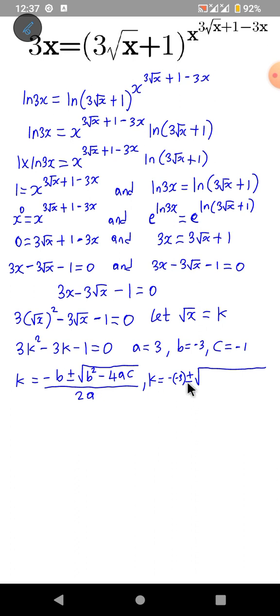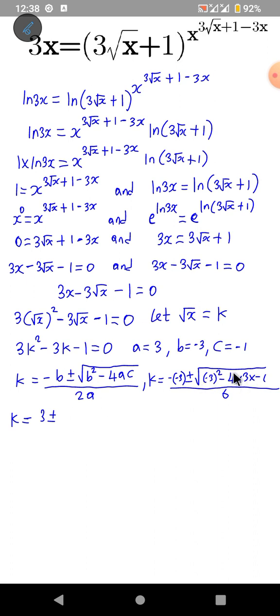Now b squared, so we say minus 3 squared minus 4 times a, which is 3, times c, which is minus 1, everything all over 2a. That means 2 times 3, that's 6. Then we continue again. K will be equal to, minus times minus is plus, so here will become 3 plus or minus.